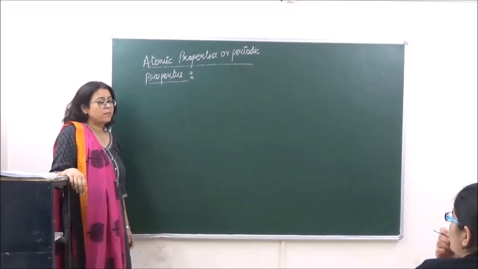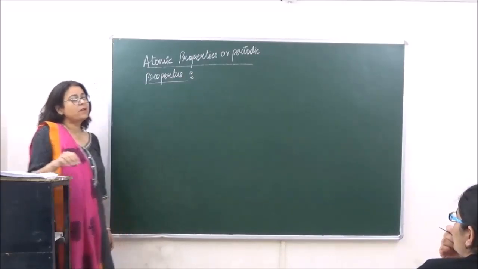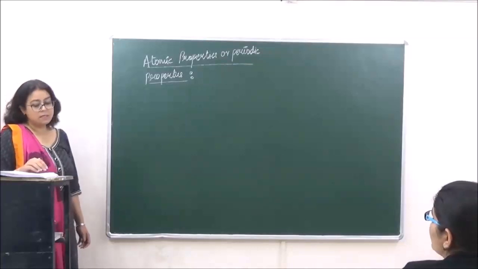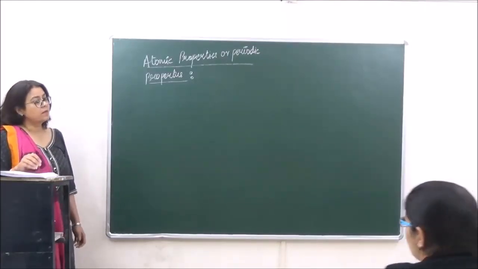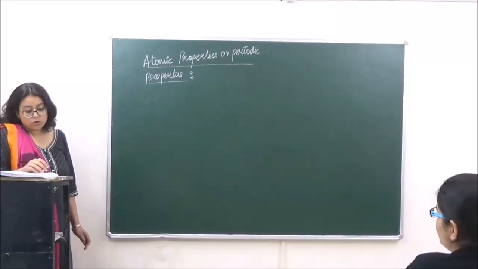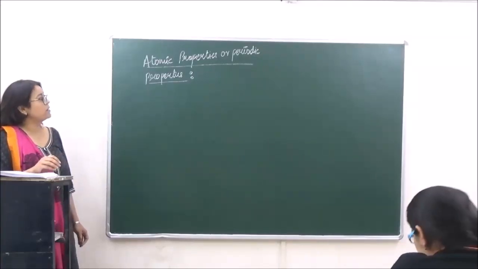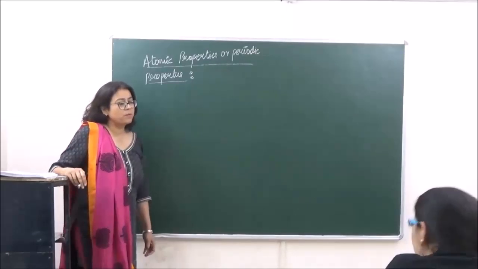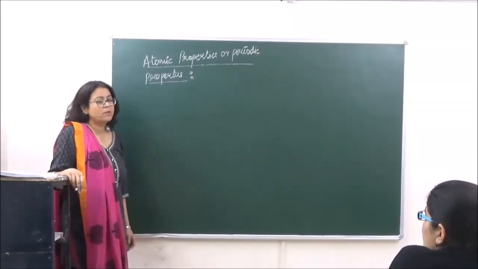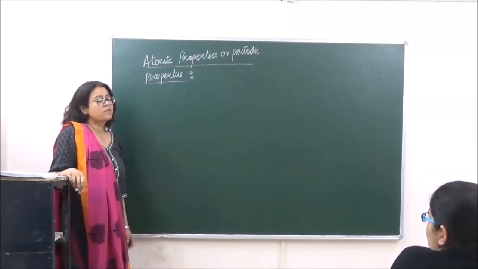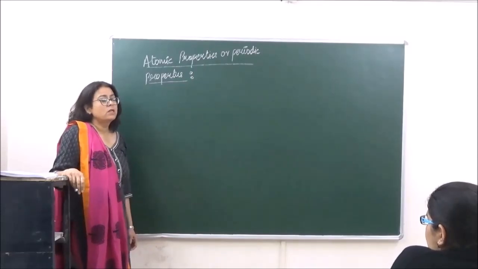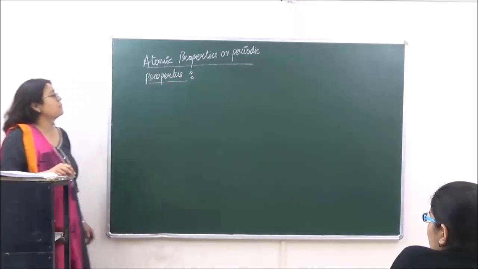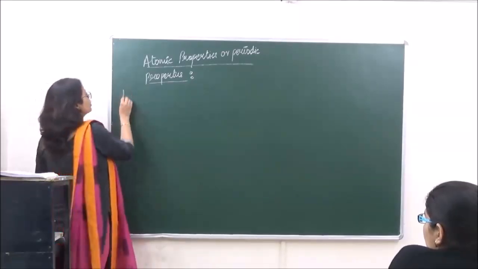Like if we are talking of chemical properties, then after regular intervals, the elements will possess the same chemical properties, right? So we are going to study two types of properties: physical properties and chemical properties. Chemical properties will remain the same, whereas the physical properties will show a normal or general gradation.